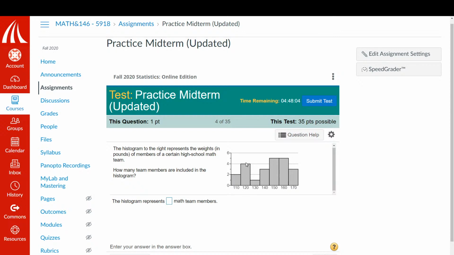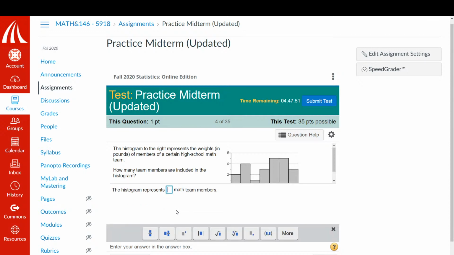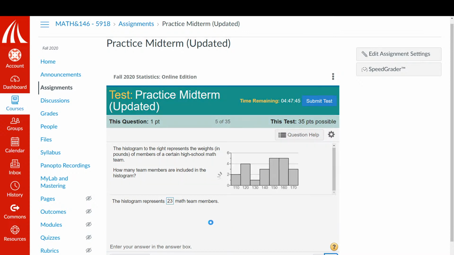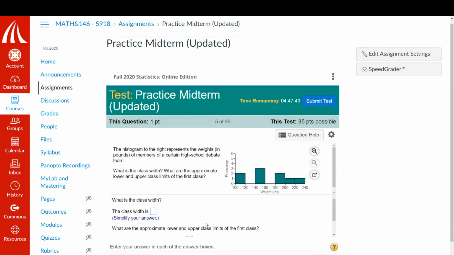We could do 2 plus 4 plus 1 is already 7, plus 3 is 10, another 10 is 20, and then 23. So you can just go with 23 total because we're adding them all up. Okay. What is the class width? Well, the class width should be the same for every interval in there. And it is the difference between the high and the low, so it'd be 20.